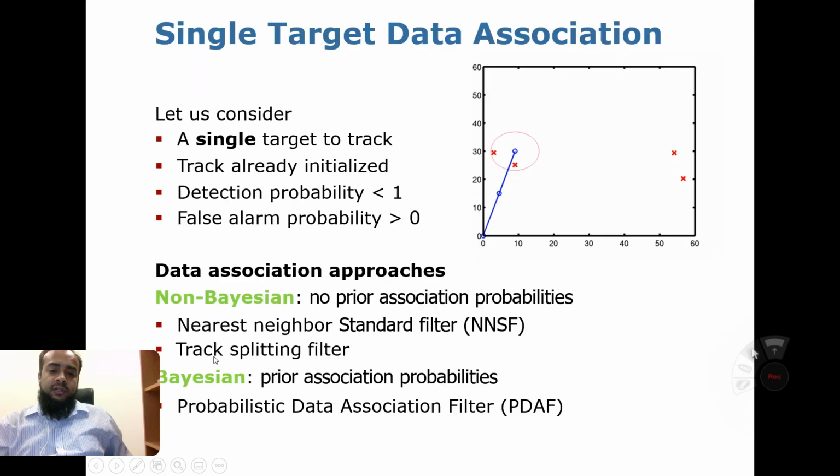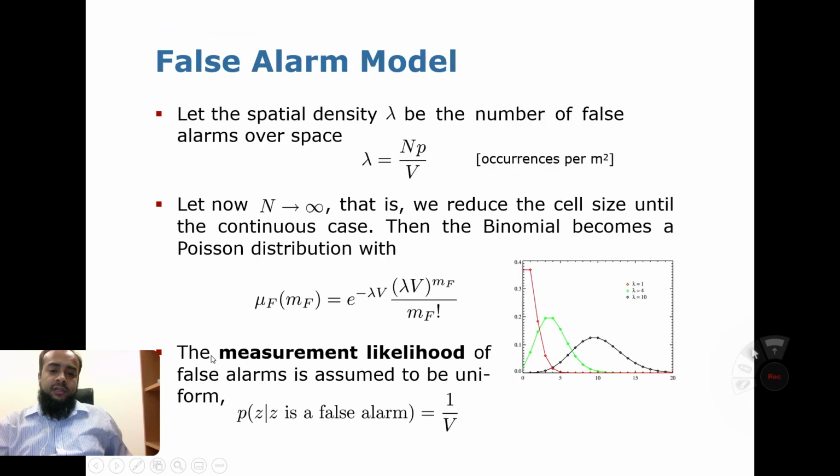Similarly, the measurement likelihood of the false alarm is assumed to be uniform like this. If we want to calculate the likelihood, it equals 1 upon V. The probability is 1 upon V. And if we want to calculate the likelihood of the target state, it takes the normal Gaussian equation, like we have discussed in our previous lectures.